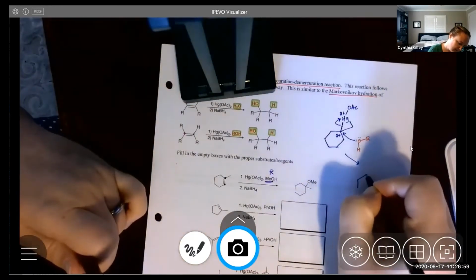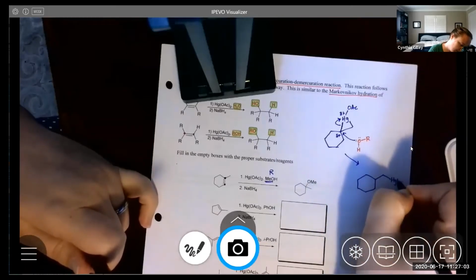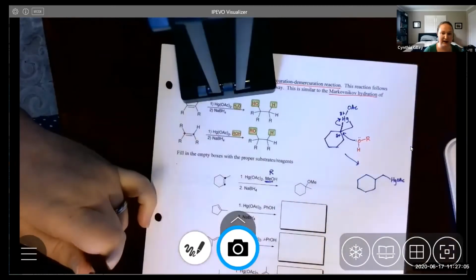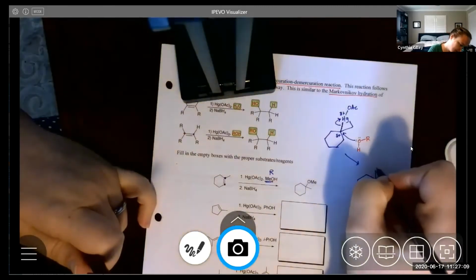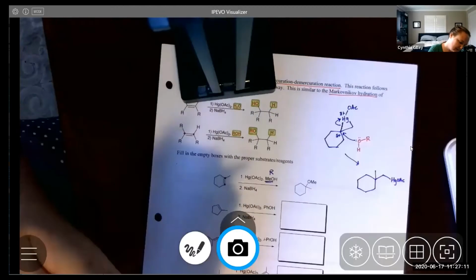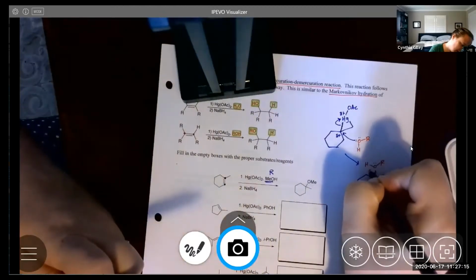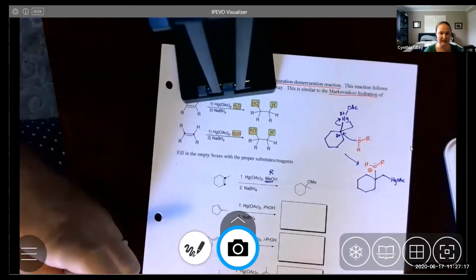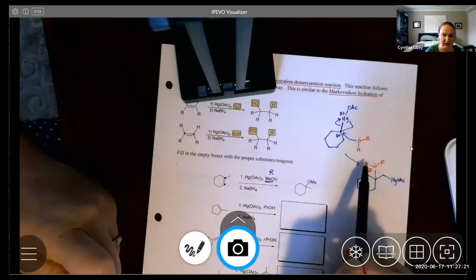Then we will end up with that mercuric acetate on the less substituted carbon. And the initial product of that step would be something like this. This proton is just removed through proton transfer.